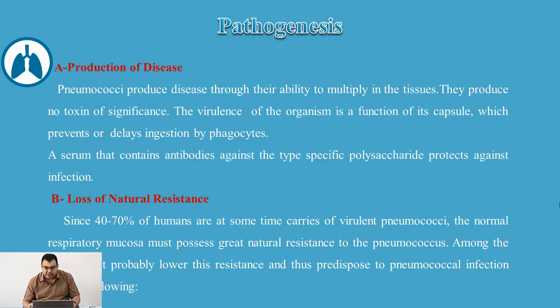B. Loss of natural resistance. Since 40 to 70% of humans are at some time carriers of virulent pneumococci, the normal respiratory mucosa must possess great natural resistance to the pneumococcus.